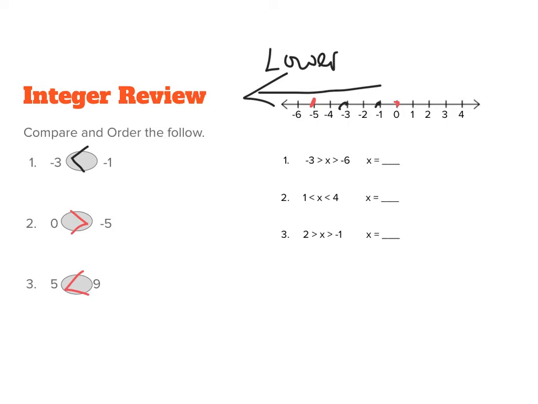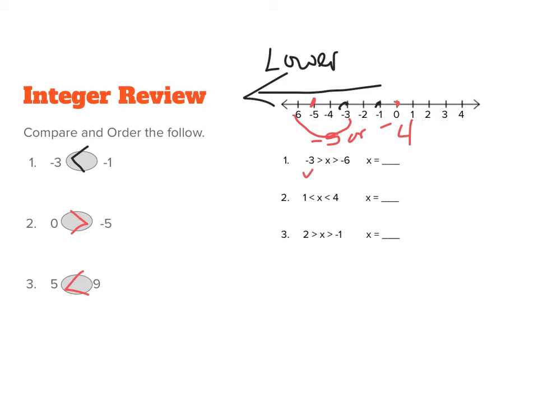So I'm looking for a number between -3 and -6. So I know -3 is greater than a number, but that number is greater than -6. So it has to be between -3 and -6. So it could be -5, or it could be -4. So let's look at that. So -3 is greater than -5, so yes, that works.